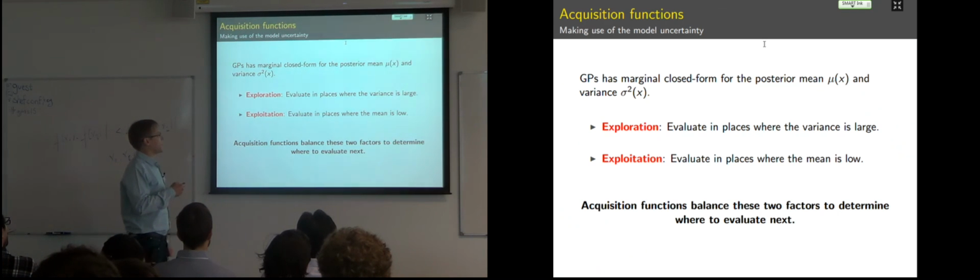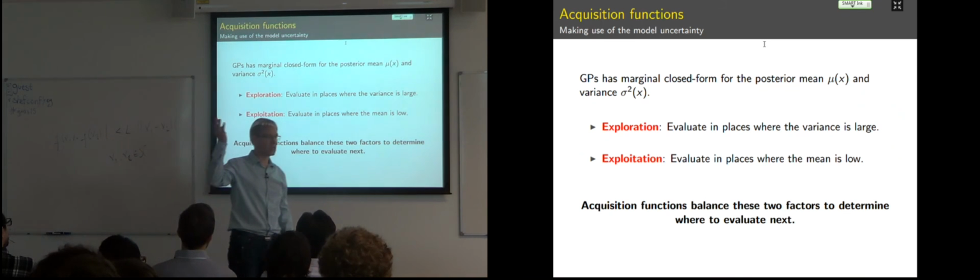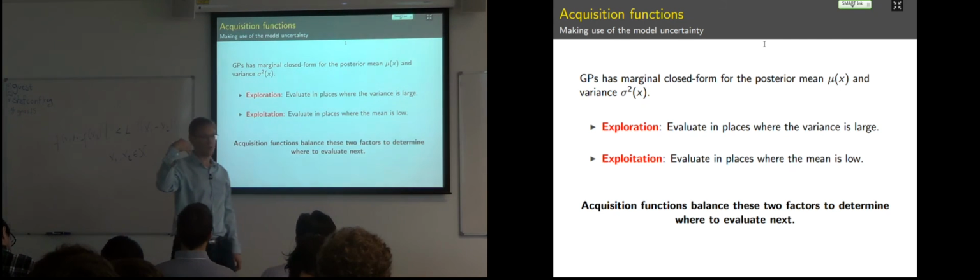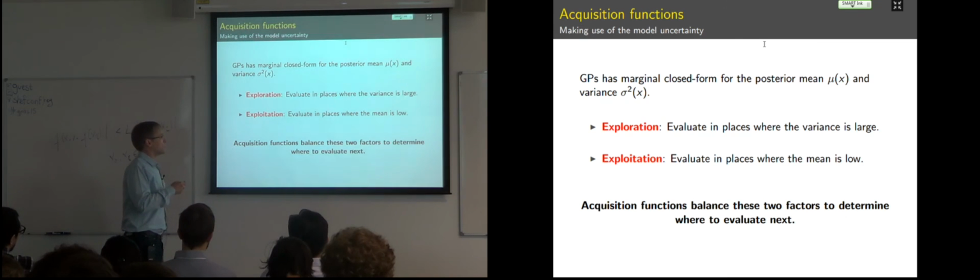Something is called exploitation, right? So if you think about having a Gaussian process and collecting a new location where the value of the mean is very small, you are essentially exploiting what you know about the function that you have, right?